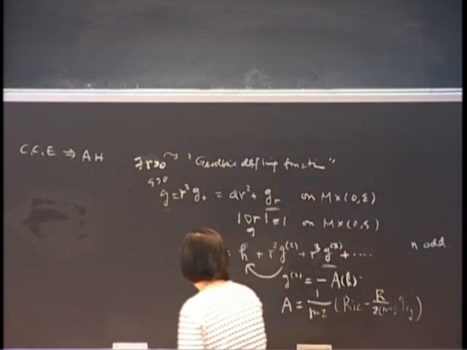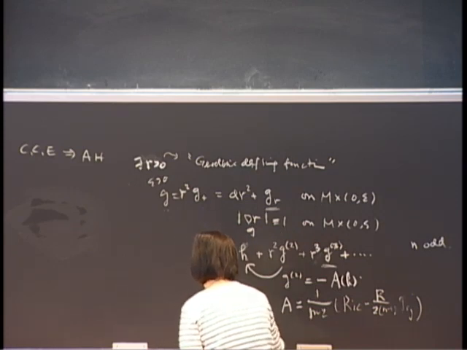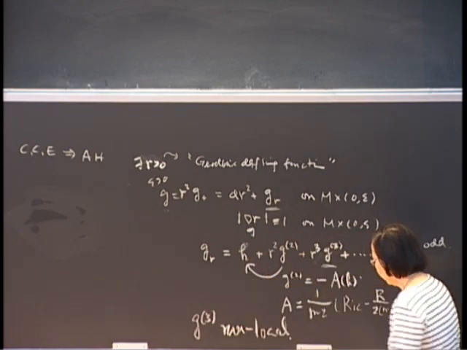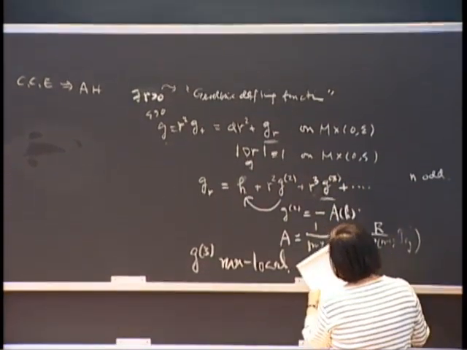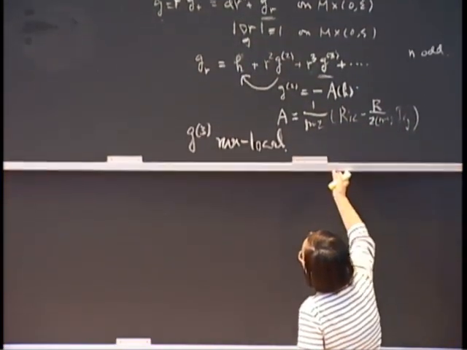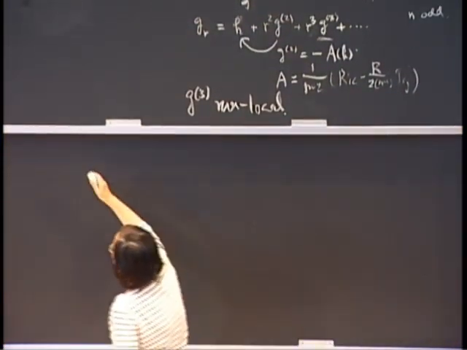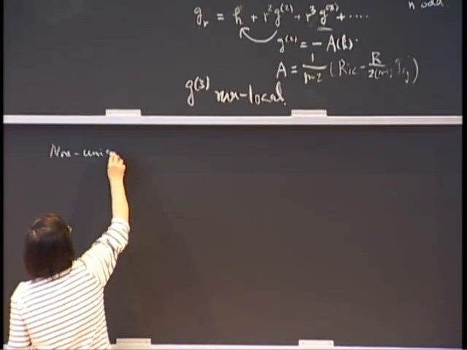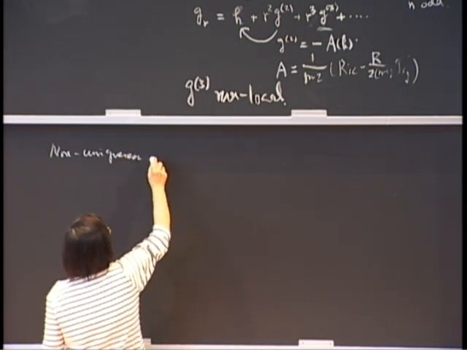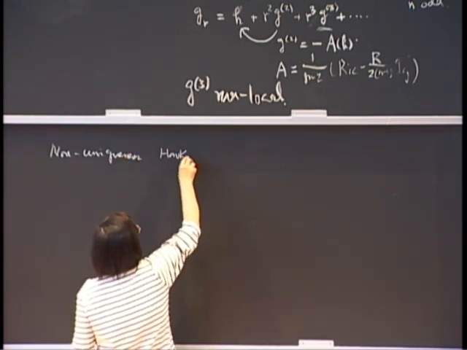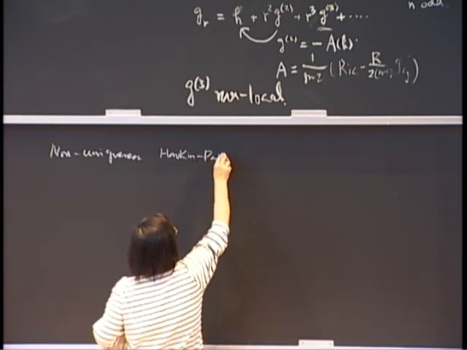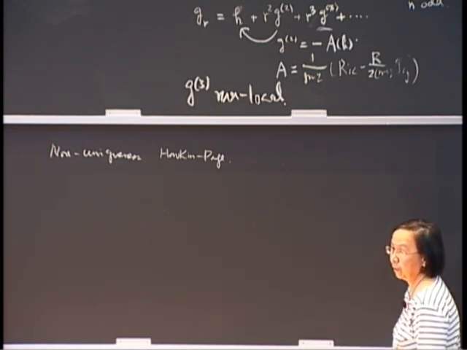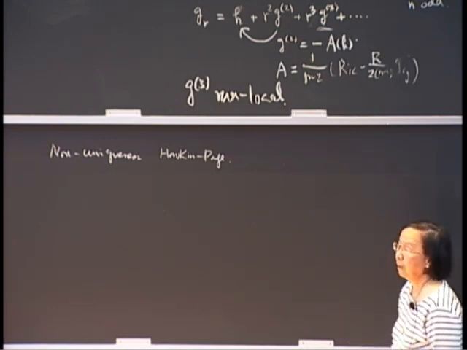So G3 is non-local information, not determined by H. And so actually there is a non-uniqueness result by Hawking-Page: on the manifold S1 cross S2, you can have two different fillings.